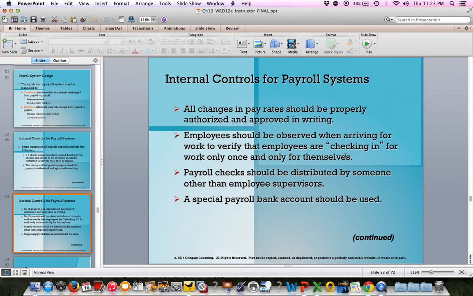Some businesses say you just log into a system when you come in, you log out of a system when you leave, or you scan in, scan out. Payroll checks should be distributed by somebody other than employee supervisors. Of course, quite often now this is done electronically, and many employers will use a special payroll bank account. You fund that bank account with every payroll, and it just adds a little extra level of control when you do that.